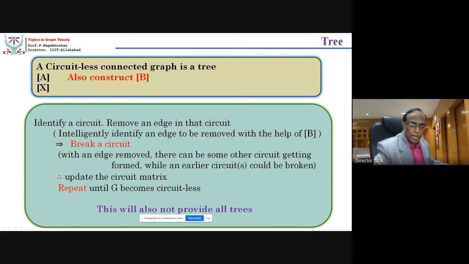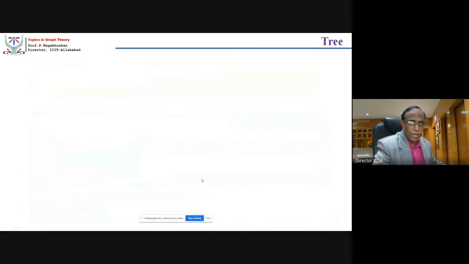Identify a circuit, break a circuit, until the entire graph does not have any circuit, but still remains connected. This will also not provide all trees. It depends upon the sequence in which you consider the circuits and the choice of the edge that you break in the circuit. Therefore, it will not provide all the possible trees, but it will provide one tree.